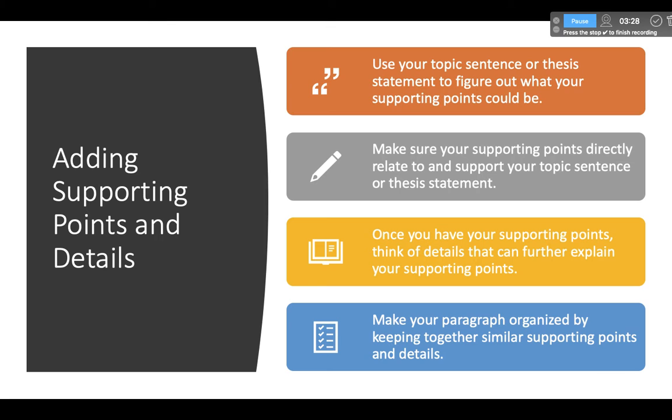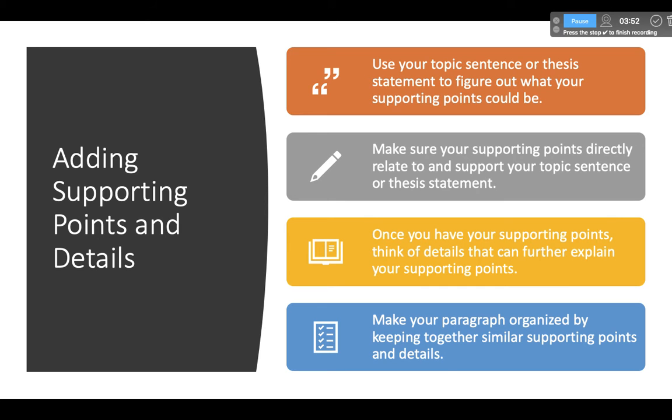So next, make sure your supporting points directly relate to and support your topic sentence or thesis statement. So again, if your whole essay is about why cats are better than dogs, don't write about why cats are better than birds too. Okay? Focus on cats are better than dogs throughout your whole essay.